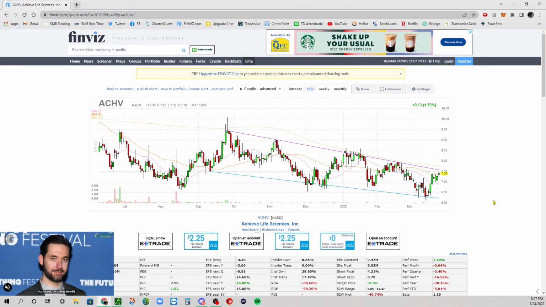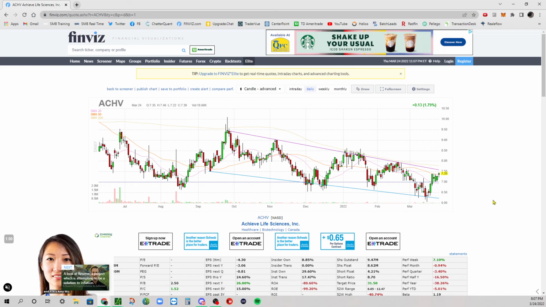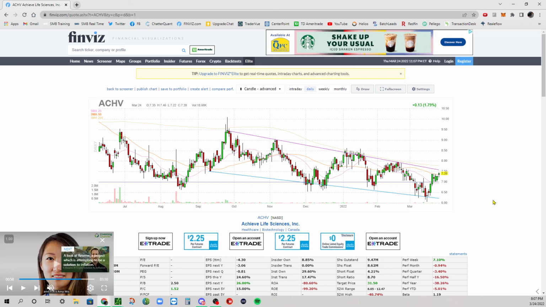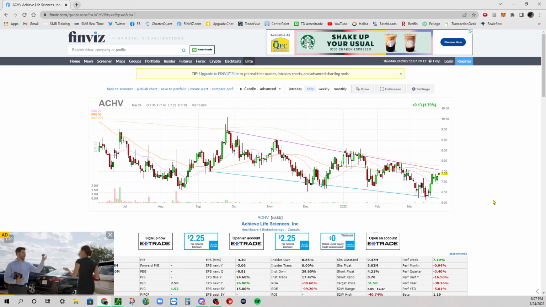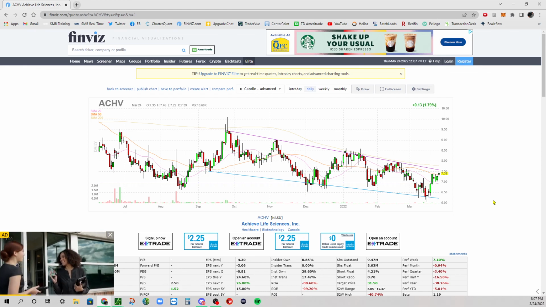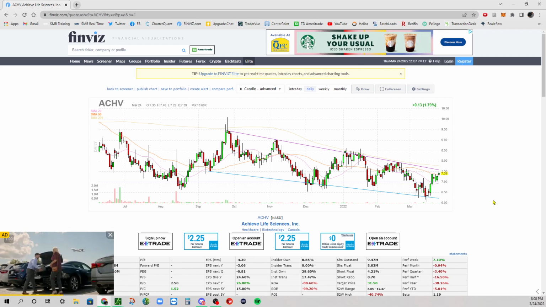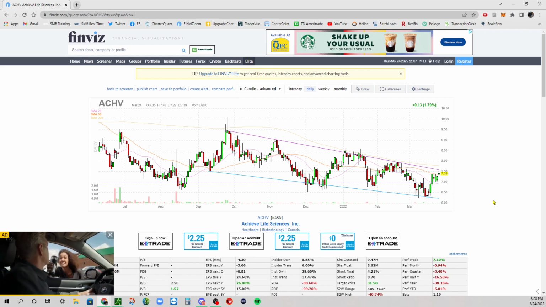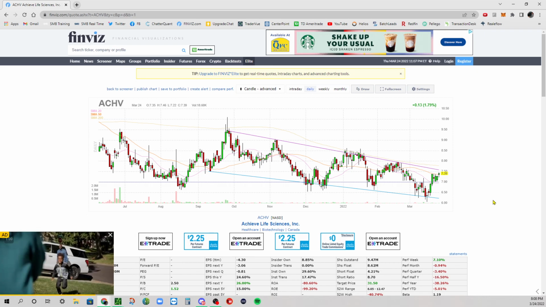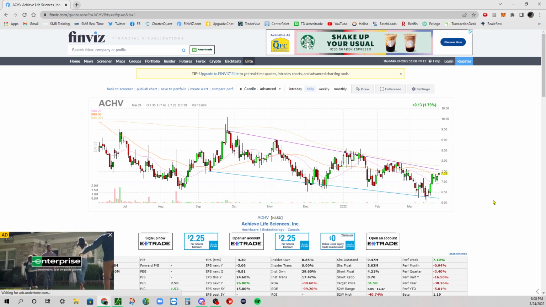I look at the patterns and the news, and let's see what the volume looks like, and I'll scalp that stock for the day. I also have a halt scanner that tells me any stocks that are moving aggressively up or down. It'll pop up on my scanner, and sometimes I don't even know what the company does. Honestly, what sector they're in, I don't care.